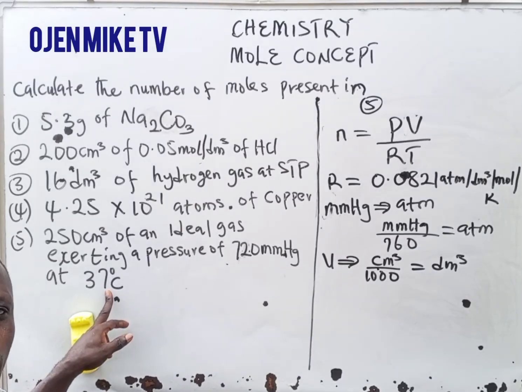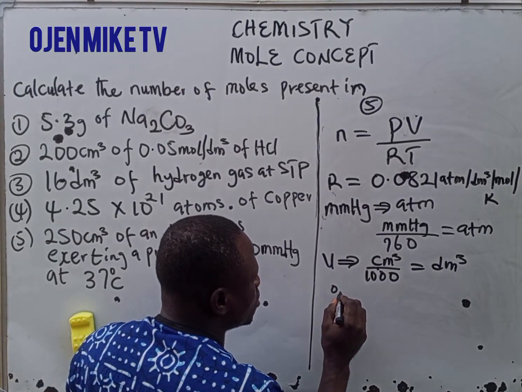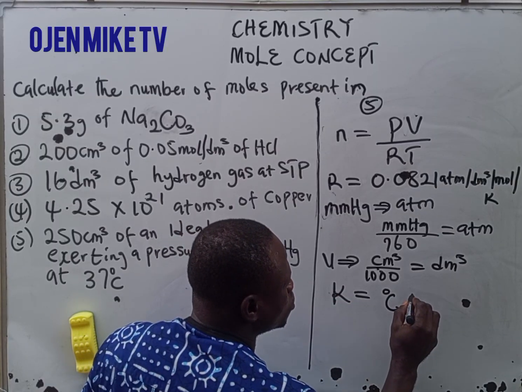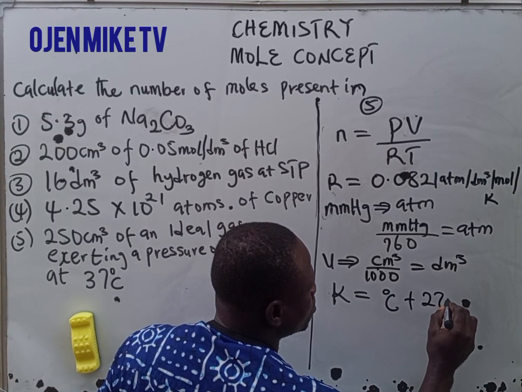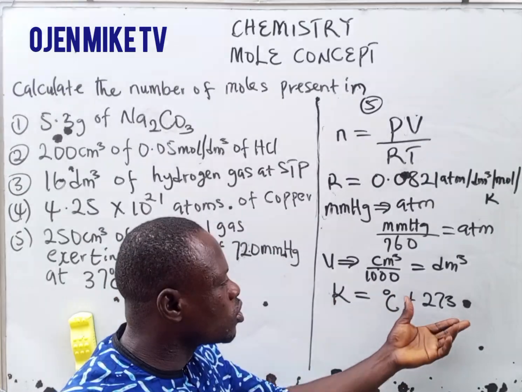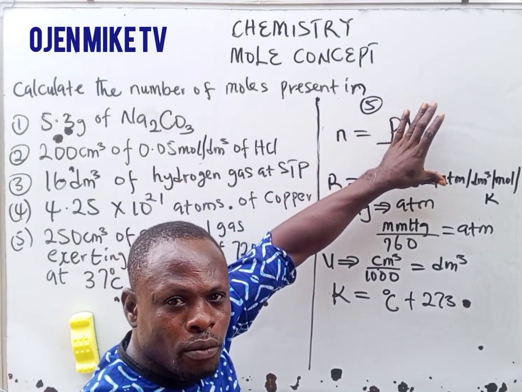We need to convert it to Kelvin. Kelvin temperature equals degrees Celsius plus 273. This is how to convert degrees Celsius to Kelvin, after which you use it in your formula.